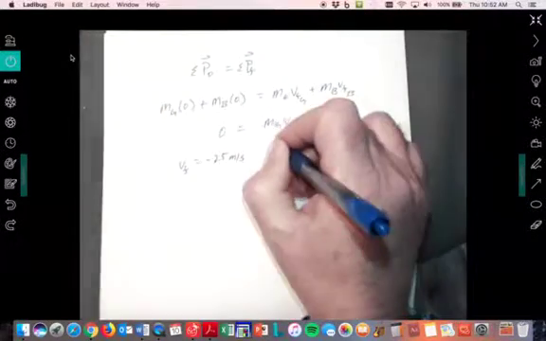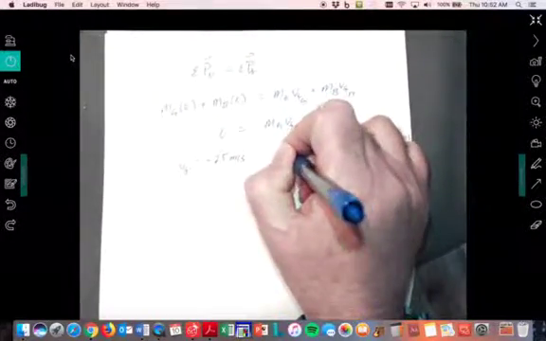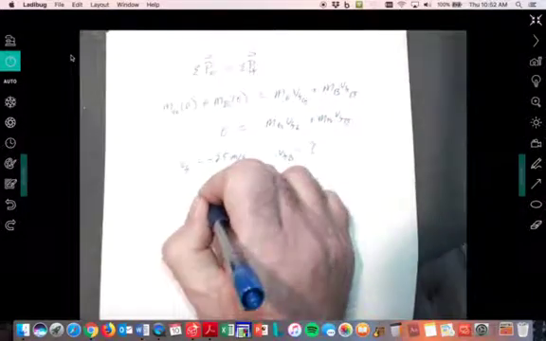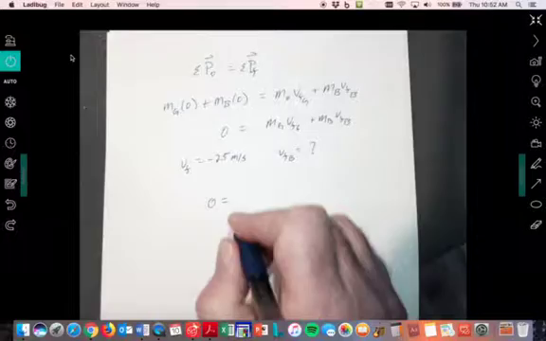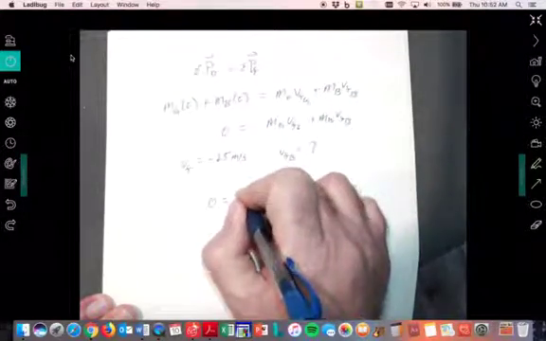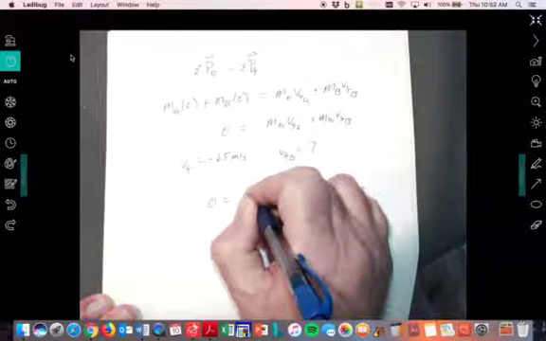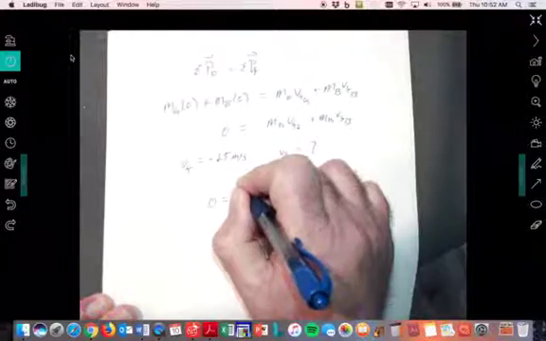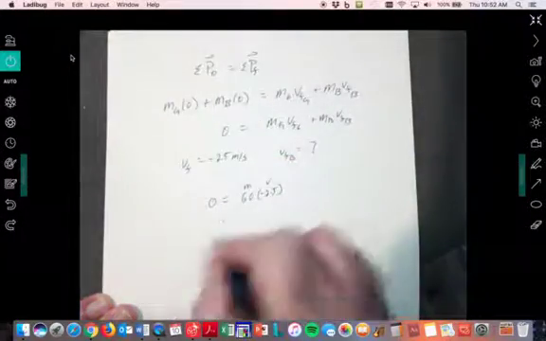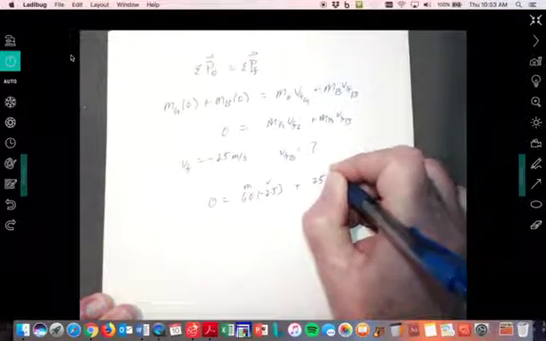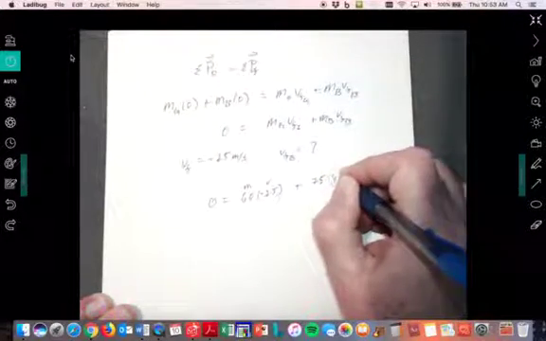What's the final velocity of the boy? Well, we can figure this out because we've got 0 is equal to her mass, which was 60 kilograms, times negative 2.5, her mass times her velocity, plus the mass of the boy, 75, times the final velocity of the boy.